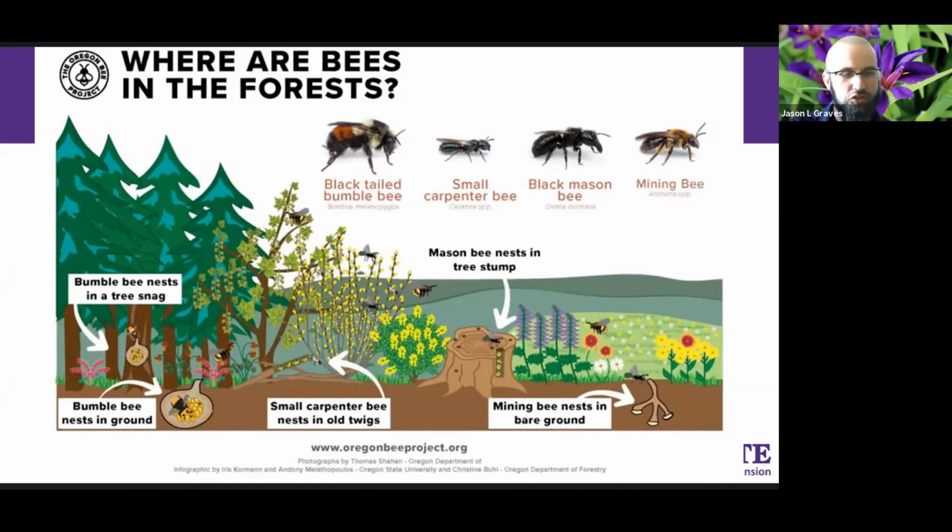We've got bees in tree snags, or these various places in nature where they have learned to reproduce. And so think about that in terms of our own gardens, and I think we can find ways to adapt what we're doing to allow for these native pollinators to reproduce and the habitat that they need.